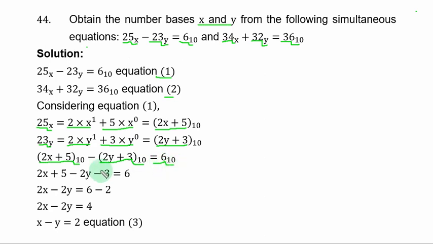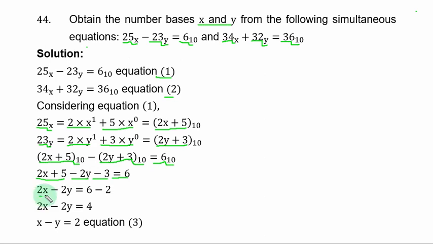If you open the brackets, you have 2s plus 5 minus 2y minus 3 equal to 6.